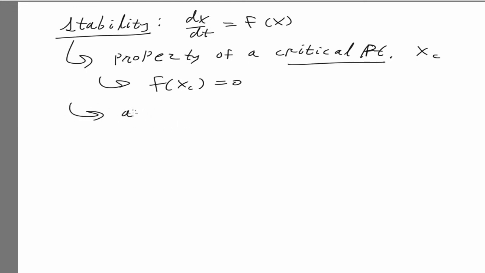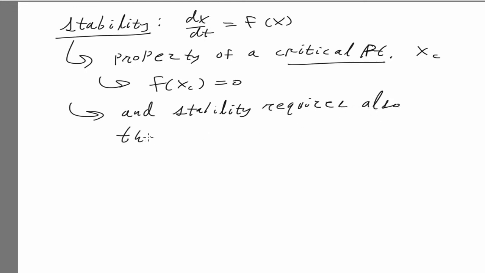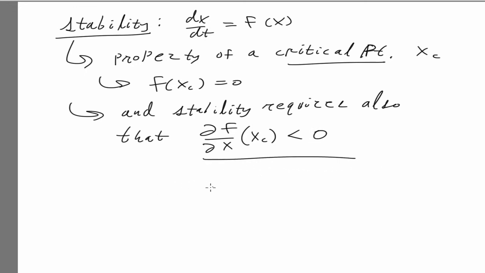Stability requires also that the partial derivative of f with respect to x evaluated at xc has to be negative. So this guarantees that we get stability. Let's see an example of that kind of situation.